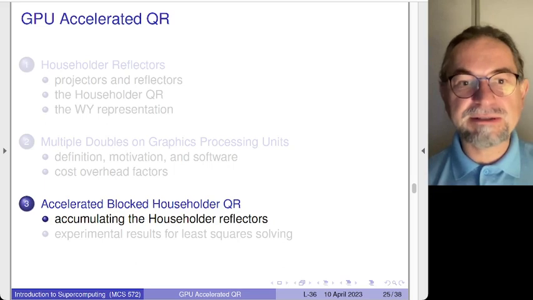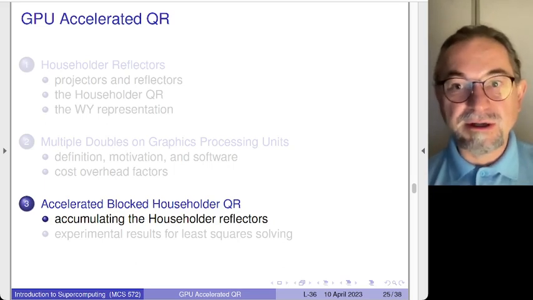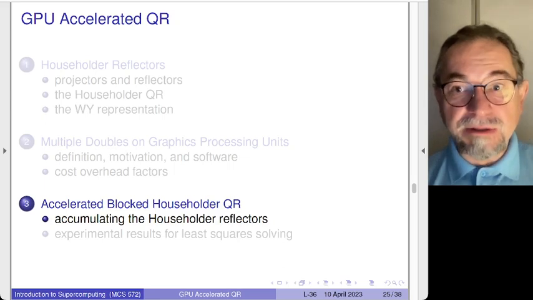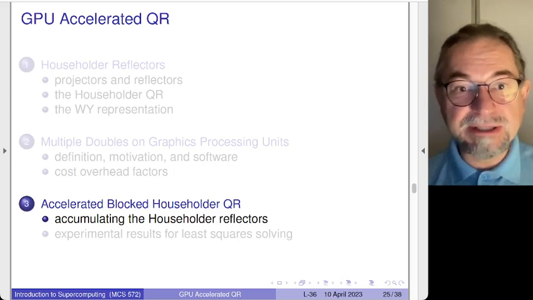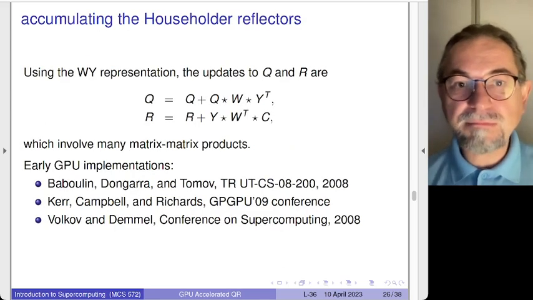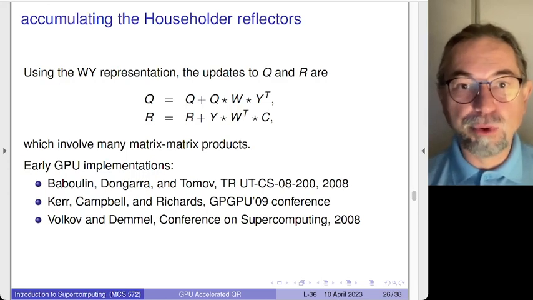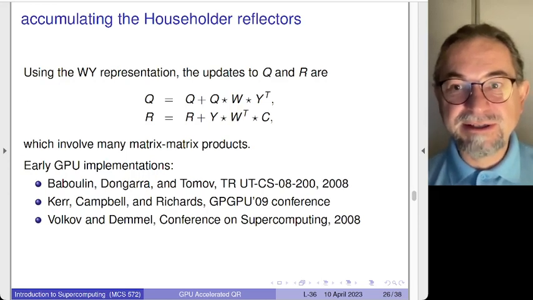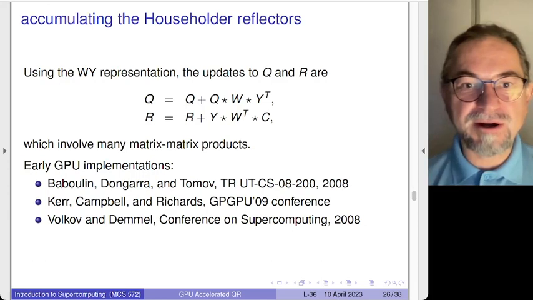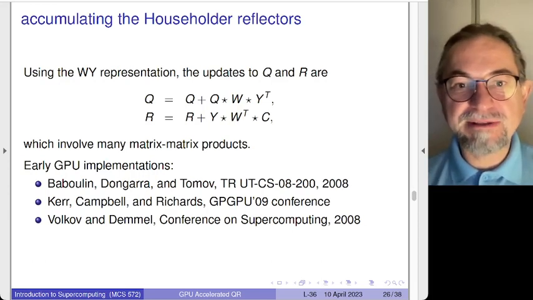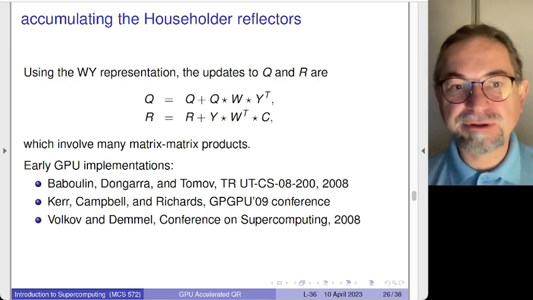Okay, so let's now go into the last part, for the last 10 to 15 minutes. In some sense, everything has already been said. The key point is that the blocked Householder QR involves many matrix products. So here is actually the heart of the algorithm.